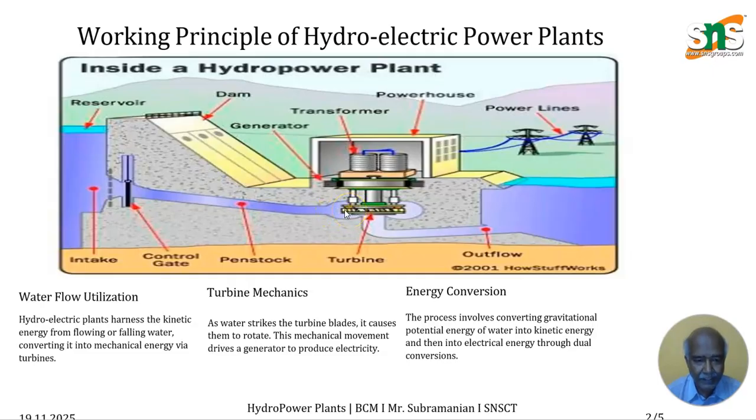When the turbine rotates, the kinetic energy is converted into mechanical energy, and as the turbine shaft is attached to the generator, it produces electrical energy. So potential energy is converted to kinetic energy, kinetic energy to mechanical energy, and mechanical energy to electrical energy. These are the energy conversions.